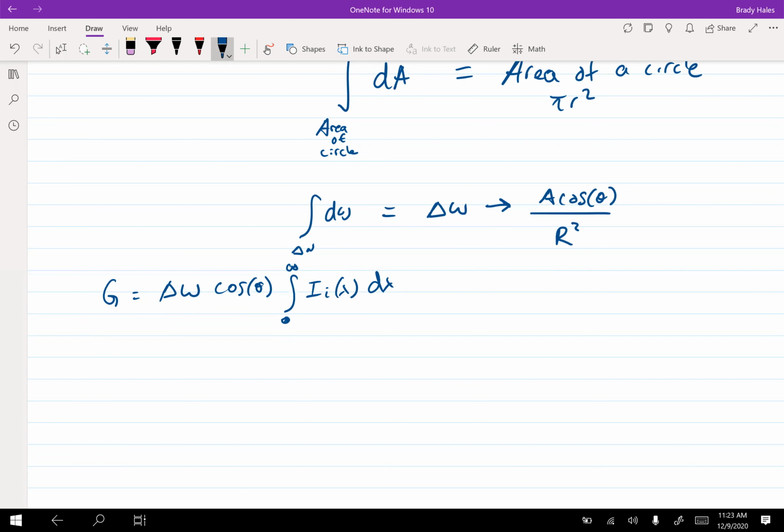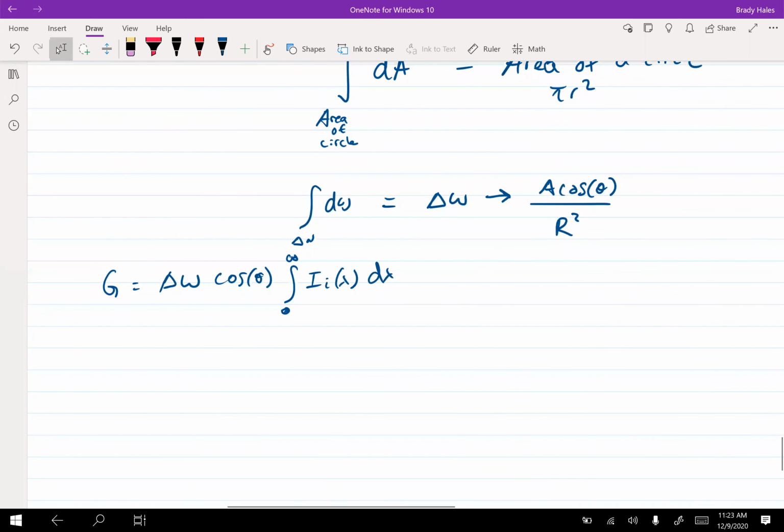All right, now we're looking at the irradiation from the sun over all wavelengths. So we just need the total intensity, right? This red box right here is the definition of the total intensity.